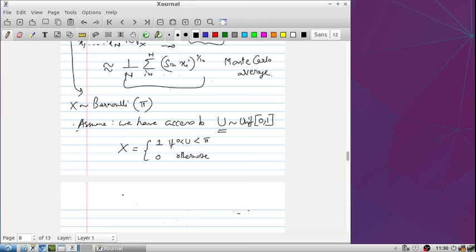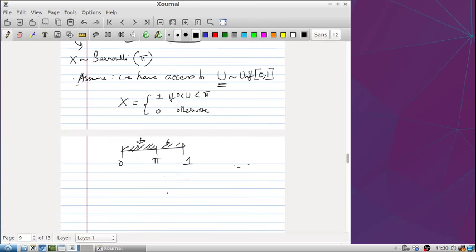Essentially, what we are saying in terms of pictures, we are saying u takes values between 0 and 1, right? U can be anything over here. U falls on this side, let's call x 1. U falls on this side, let's call it 0, right? And so how do I generate a sample x?